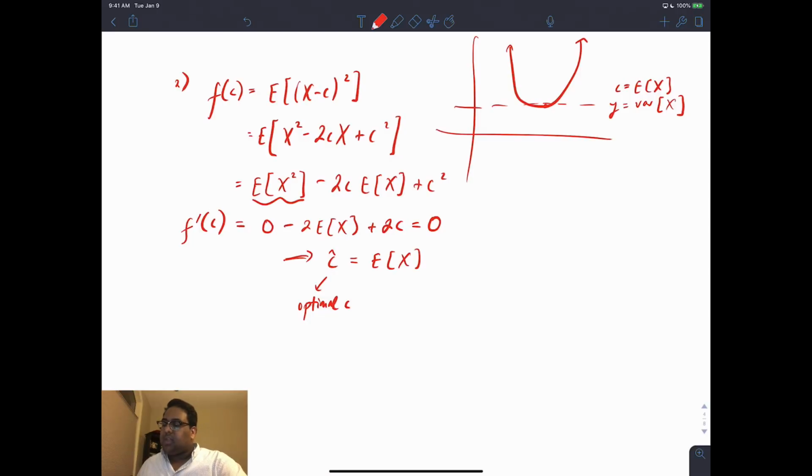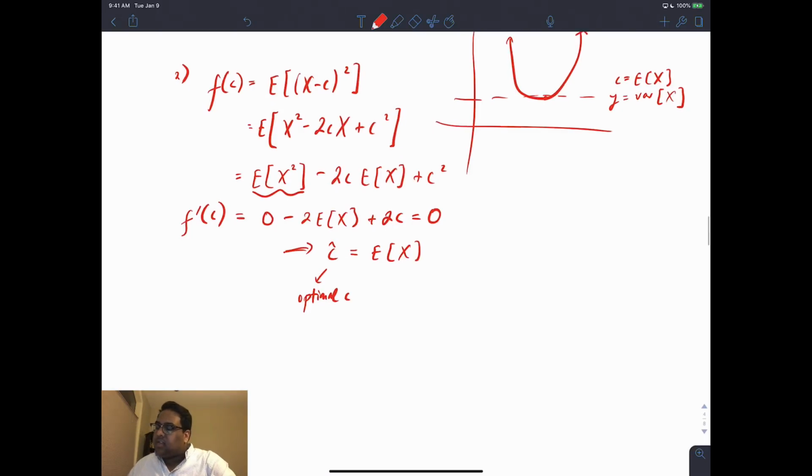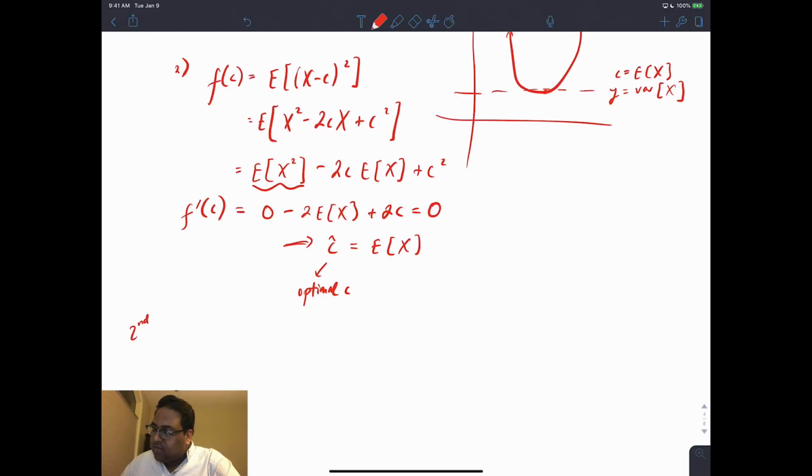Great. And so that tells us that this is one of the critical values of this function. But we don't really know if it's a maximum or a minimum, right? If this value maximizes the function or if it minimizes the function. And so to be rigorous, we really need to look at the second derivative. What we want is that the second derivative should be positive, which tells us that the function is concave opening up.